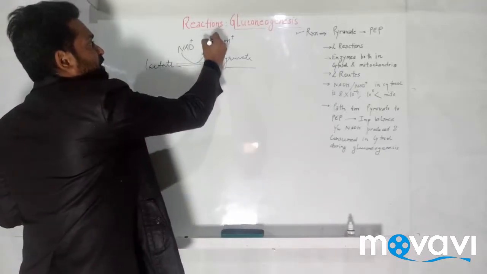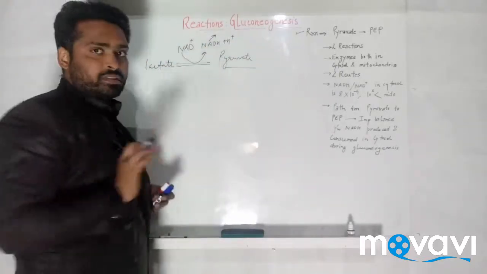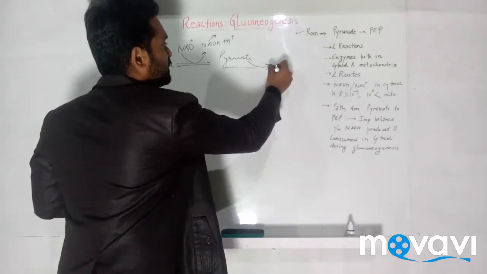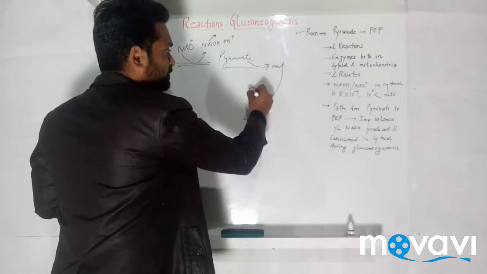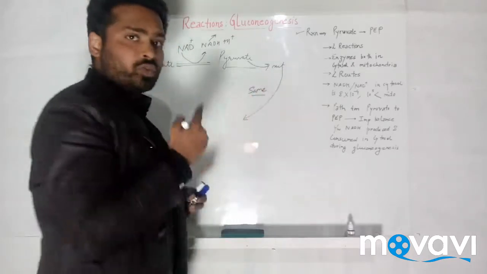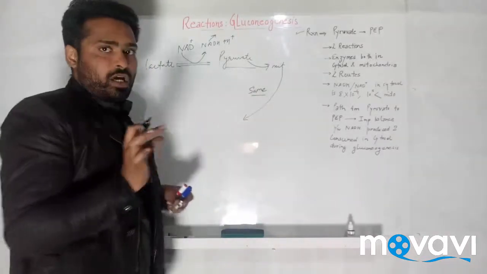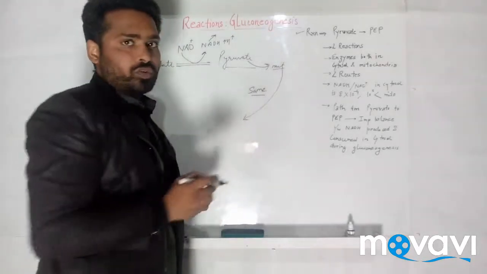We have produced this NADH in the cytosol. This is occurring in cytosol, and now this pyruvate is going into mitochondria, and the reactions are the same as we have seen earlier, those two reactions. But the difference here is that those two reactions are occurring in the same compartment, that is mitochondria.